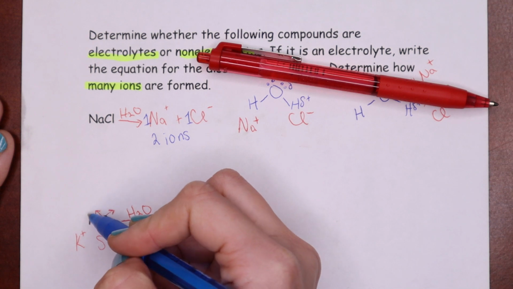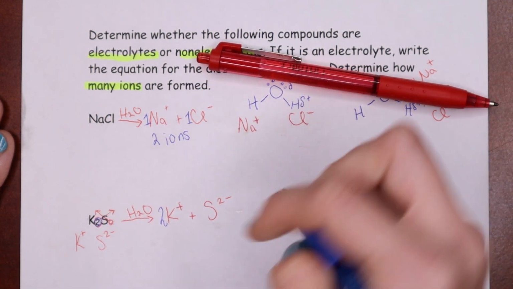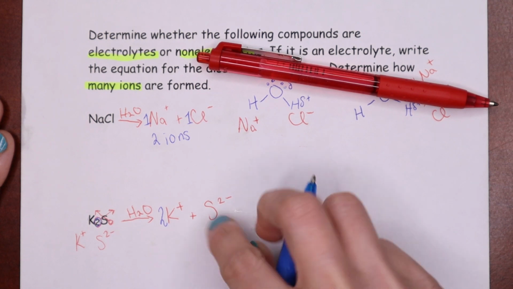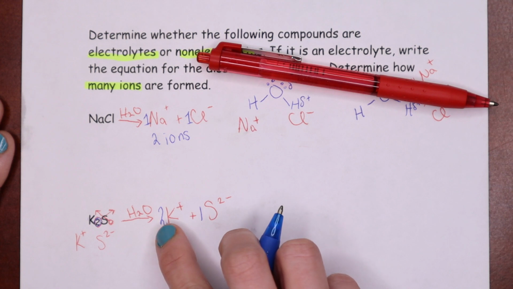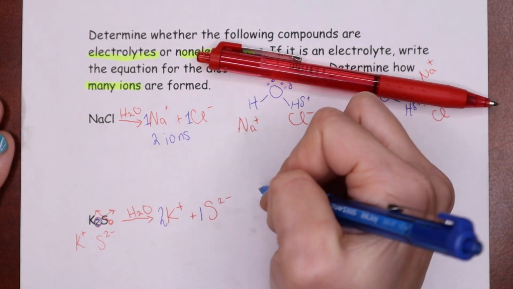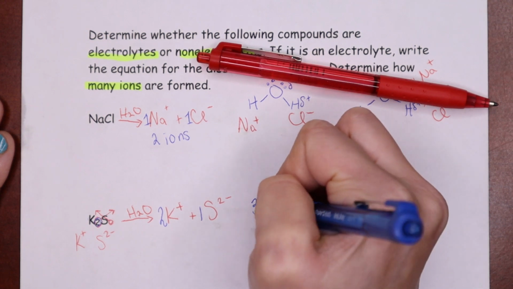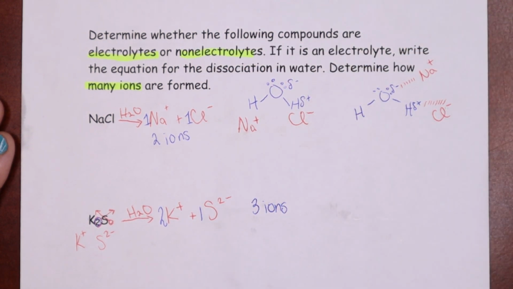There's a 2 right here for the potassium. So you have 2 potassiums, and therefore I'm going to be writing that over here, and then just one sulfide. So if you add these 2 together, you have 2 plus 1, so you have a total of 3 ions for that particular example.